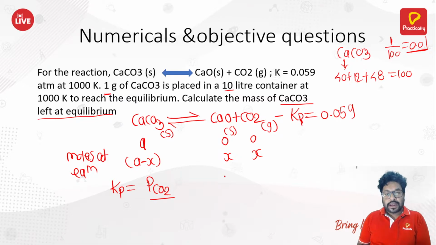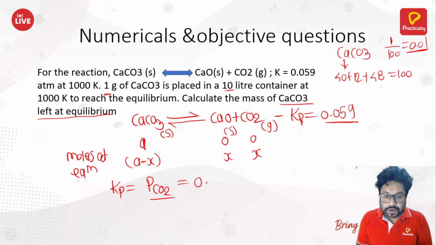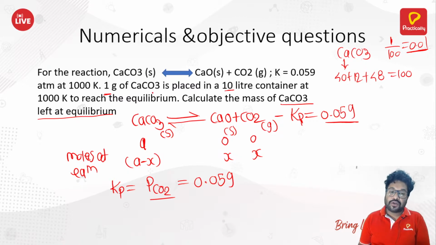Now as I told you, this Kp for this reaction is given as 0.059. The other two species are in a solid state, so this is nothing but the pressure of your CO2, which is 0.059. Now pressure is there, volume is given, temperature is given, R you already know.